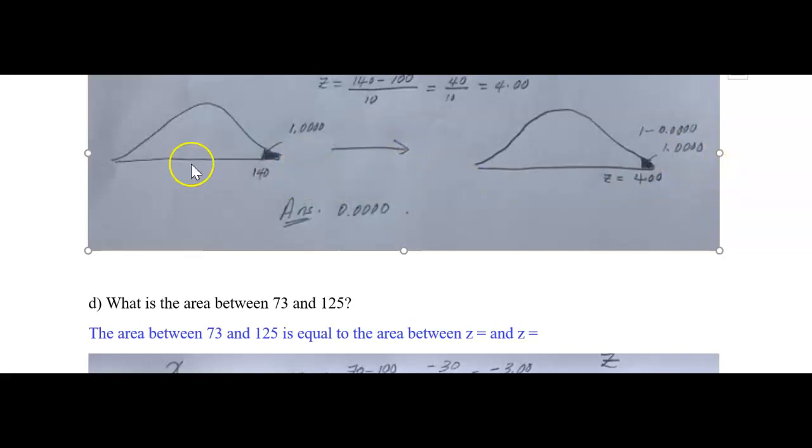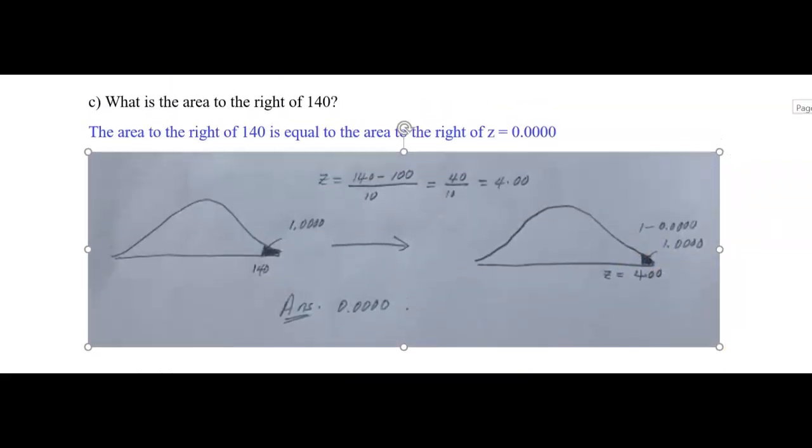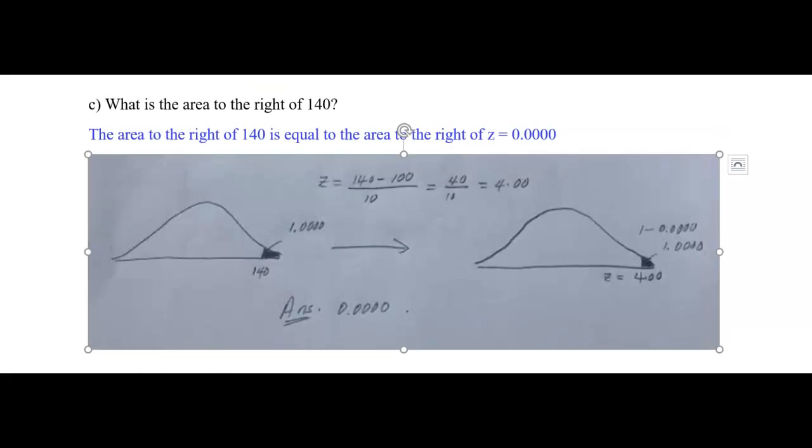The area to the right side of 140 is 0. The answer is 0.